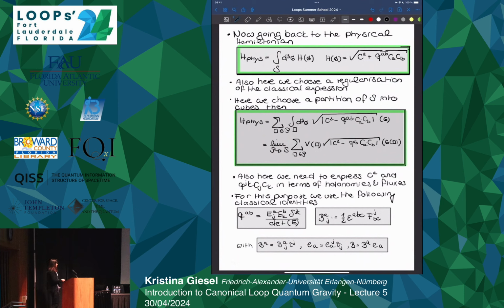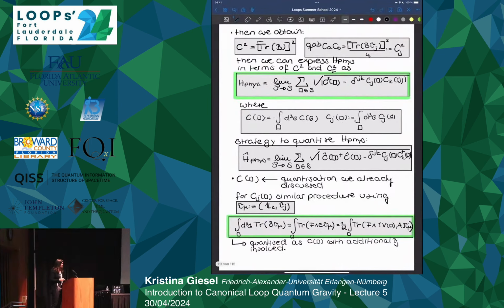And if we want to write it completely without any indices, then we would write it as B_j contracted with some co-triad here. So this quantity is useful because then you can show, using just these identities, that this C square, which is involved in the physical Hamiltonian, can be written as the trace of B squared.